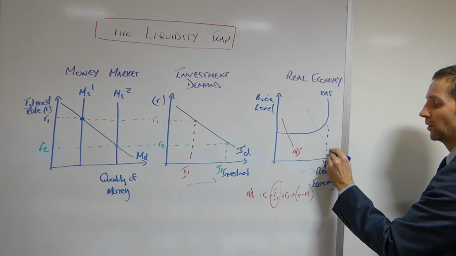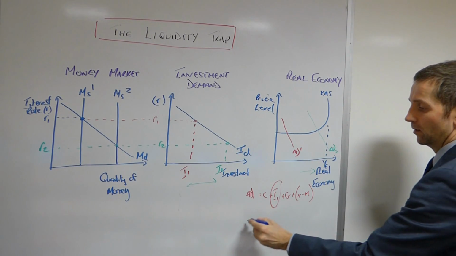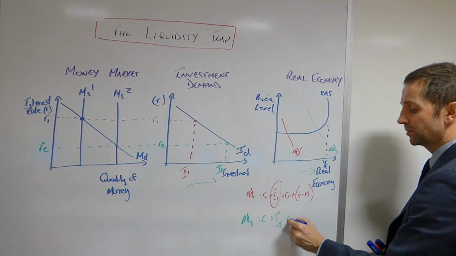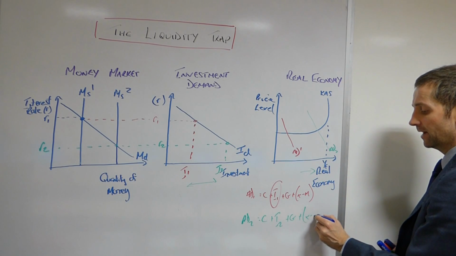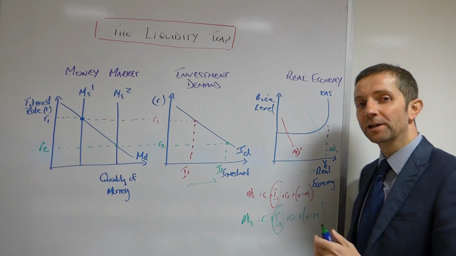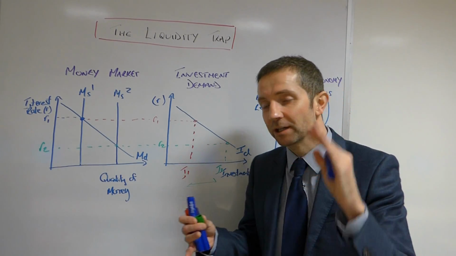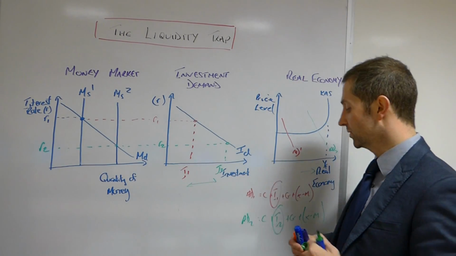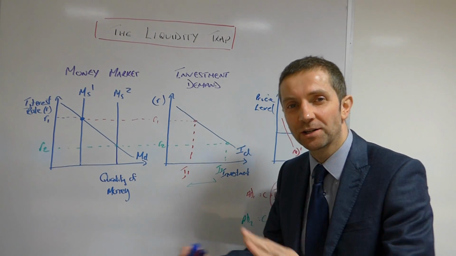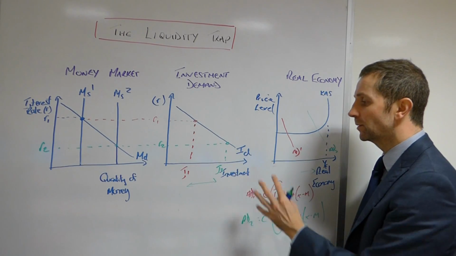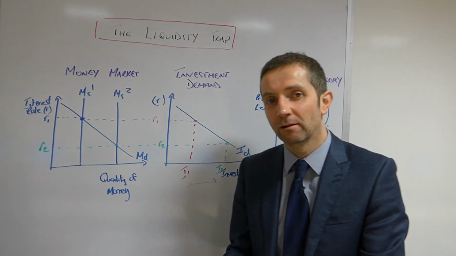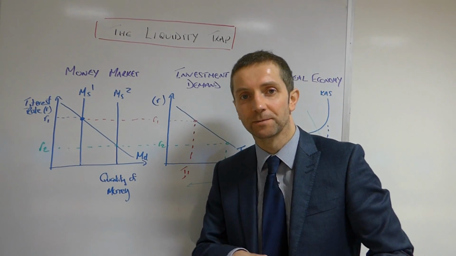We might end up somewhere over here, AD2, where AD has increased primarily because the level of investment has gone up from I1 to I2. All the other factors, C, G and net exports, we're saying have remained the same, ceteris paribus. We're isolating them and making this link between the change in the interest rate and the change in AD, primarily due to the level of investment demand.